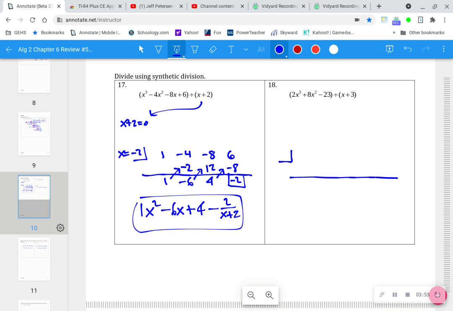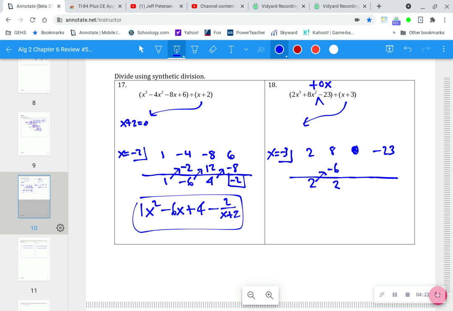Okay, we're going to do the same thing on the next one, but there's a missing column, and you've got to watch for that. There's a 0x missing. So the numbers are 2, 8, 0, and negative 23. Okay. And if you set x plus 3 equal to 0, you get an x of negative 3 in the angle bar. So the first number copies, multiply by negative 3.